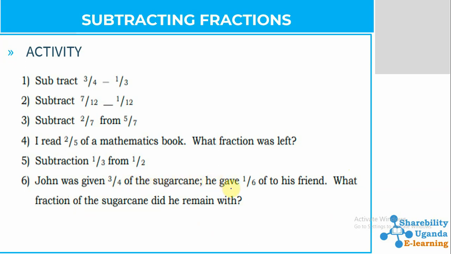Then he gave a friend 1 out of 6. So they want us to find the fraction which was left. So this is the question that we shall start with as we begin another topic, and we shall discuss it depending also on some of your answers.